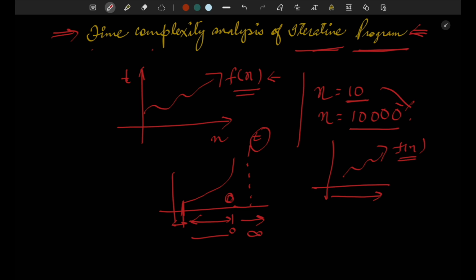So that is the reason the value for f of n is an indicative, approximated value. It's not an exact value. So f of n is never going to tell you that it's going to be 5 seconds or 2.7 seconds or something of that sort.